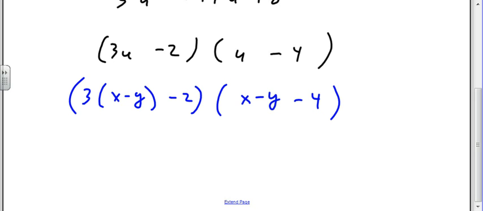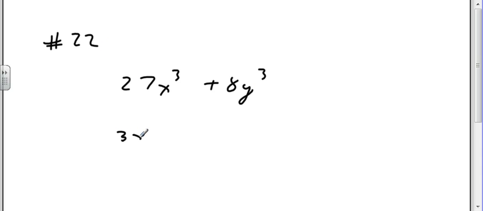All right, we'll drop down to 22 and finally get a problem that's in the chapter. 22. 27x cubed plus 8y cubed. I recognize that as 3x cubed plus 2y cubed, which is the sum of two cubes.